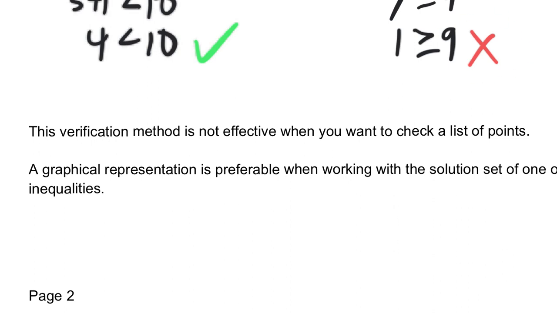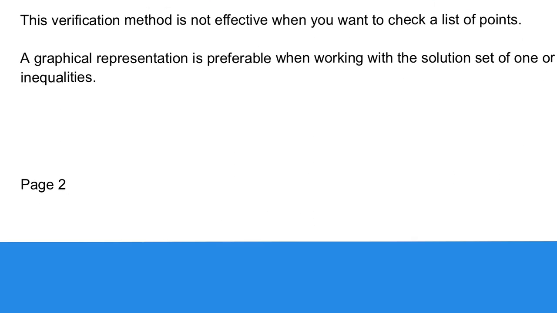So that's the thing, you can check individual solutions pretty quickly, but this method of verifying is not really effective if you want to check a bunch of points, right? We'd have to check them all individually, and it would take a lot of time. So we want to use a graphical representation, basically drawing a graph, to check a solution set of one or more inequalities.